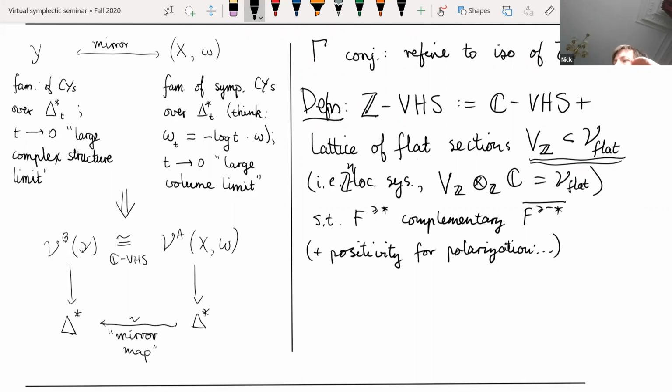All right. So very briefly, why do we care about this refinement of this complex variation of Hodge structures version of mirror symmetry?